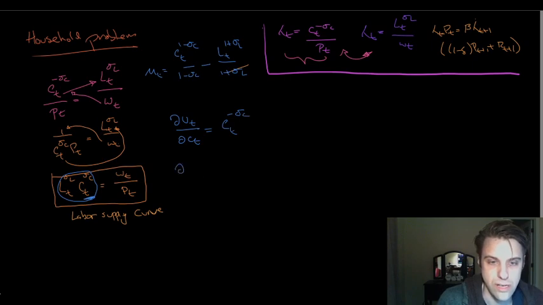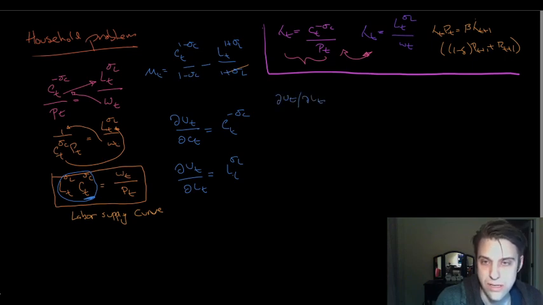And if you take dUt/dLt, that will be just Lt to the sigma L. And so if you take the ratio of these, dUt/dLt divided by dUt/dCt, that will be exactly Lt sigma L, Ct sigma c.